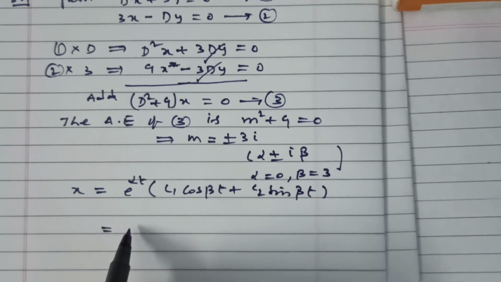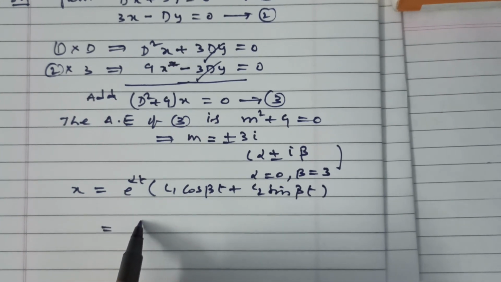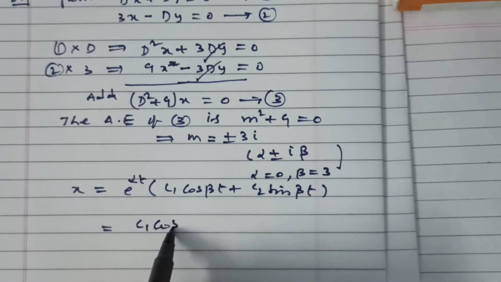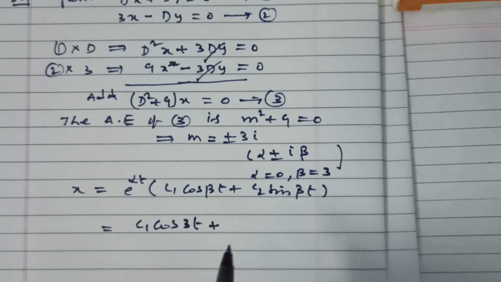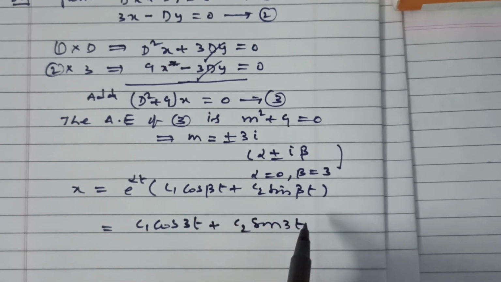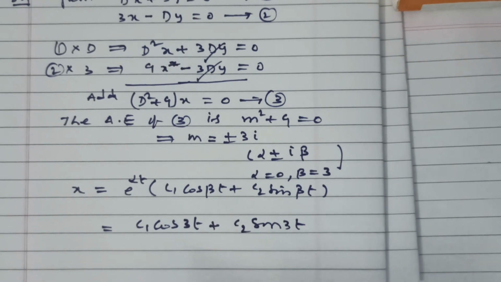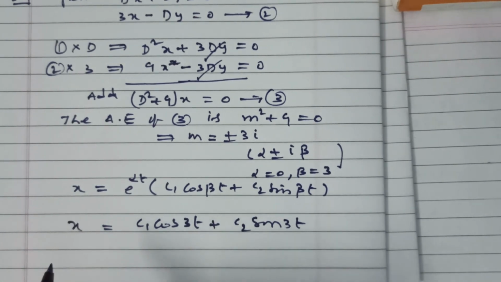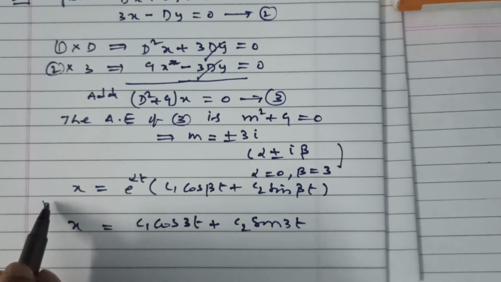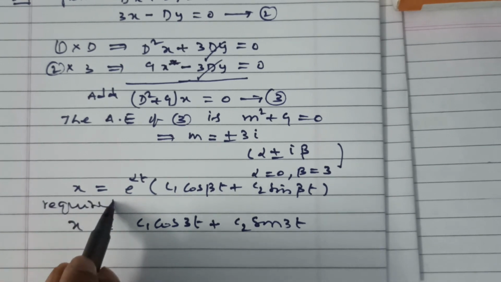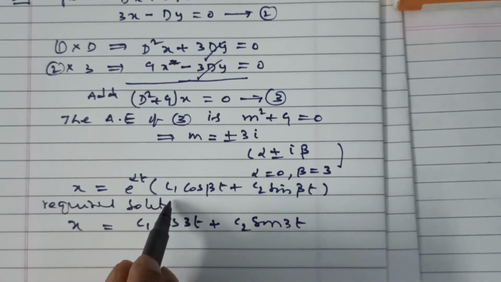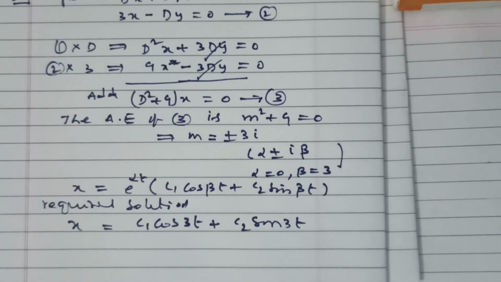As alpha is 0, x is equal to c1 cos 3t plus c2 sin 3t. So only the x value they are asking, which is the required solution. Required solution, x is equal to.